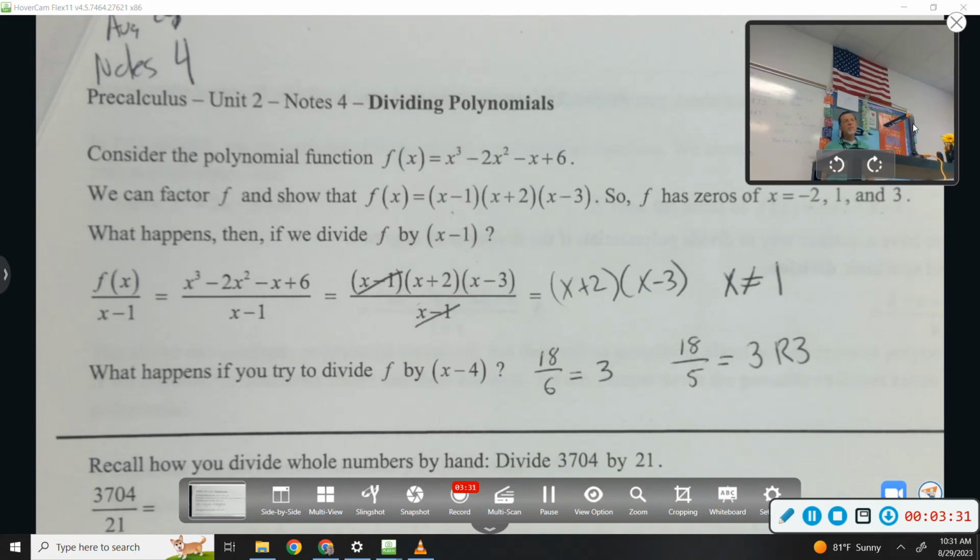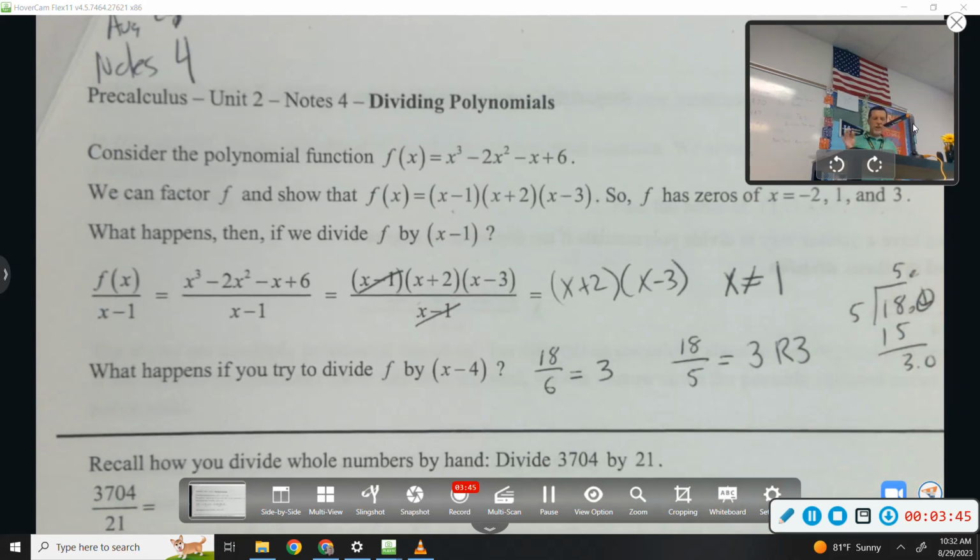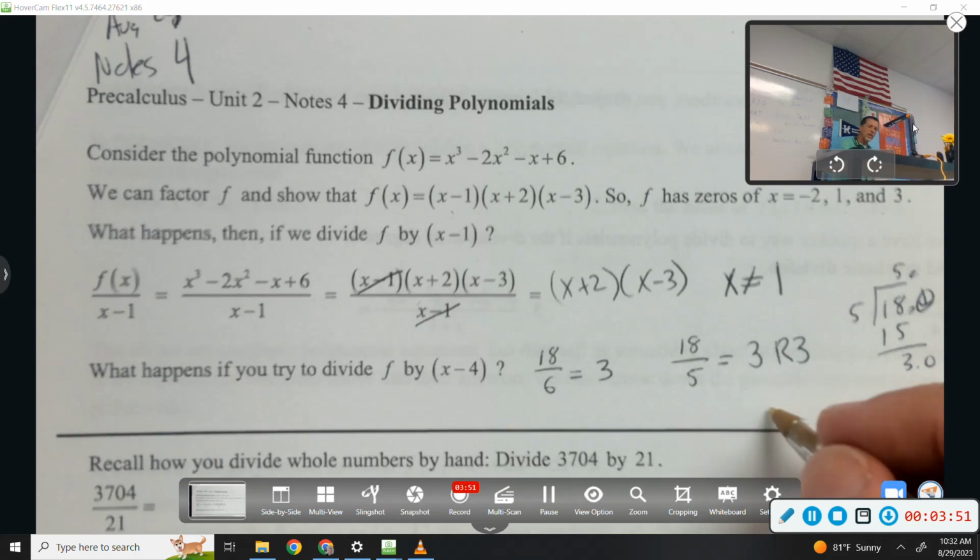And then probably the next thing you did was do the decimal thing, right? Where you started adding decimals, bringing down zeros, all that stuff. We're not going to do that today. Do you remember what else you could do with that remainder 3?